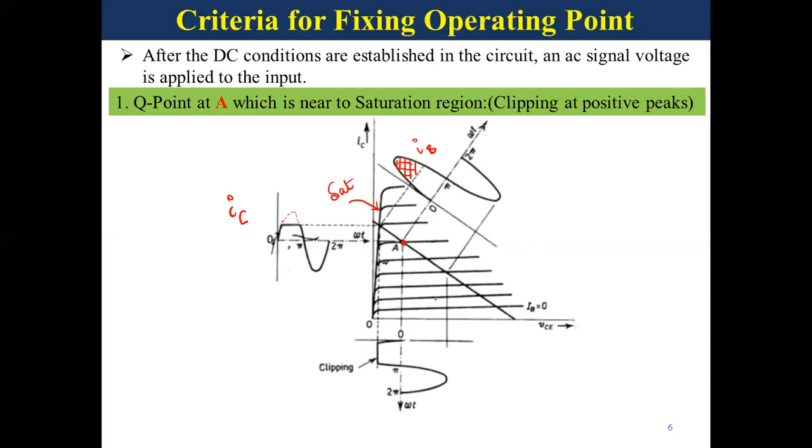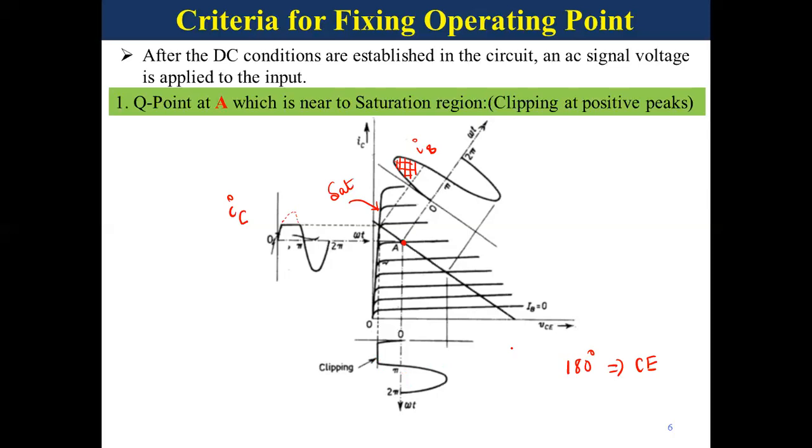And if you project all these lines onto the x-axis, then we get VCE. For VCE, the negative half cycle is clipped out. Since there exists a 180 degree phase difference for a CE amplifier, we get clipping in the positive half of VCE.